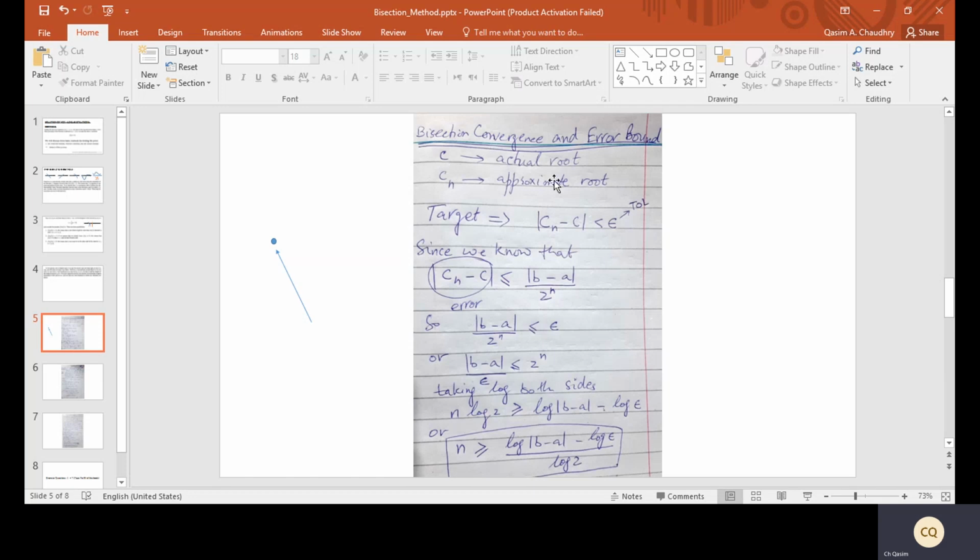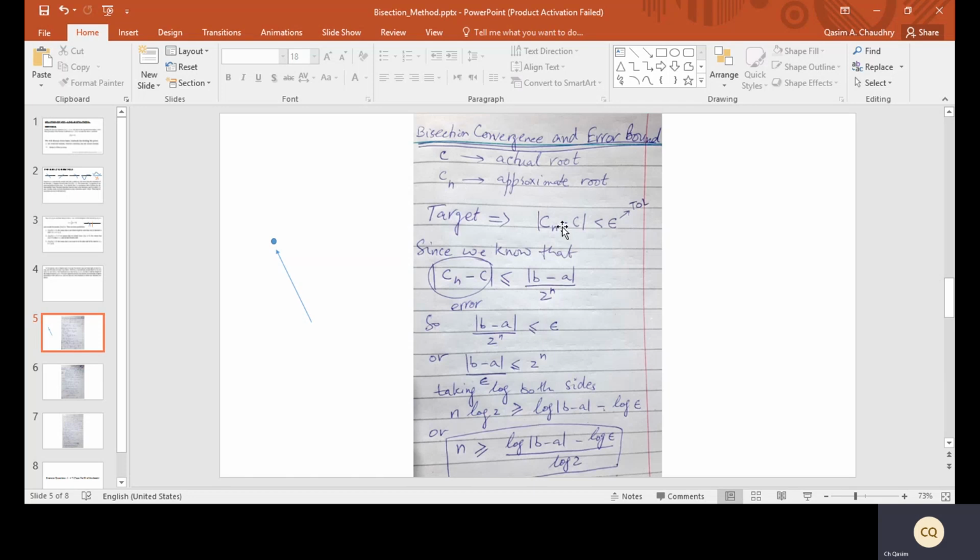Let's say c is your actual root and Cn is your C, what is Cn? C1, C2, C3, C4, C5, n values, n iterations. So let's say the general term is Cn, so Cn is your approximate root. So what is your ultimate goal?